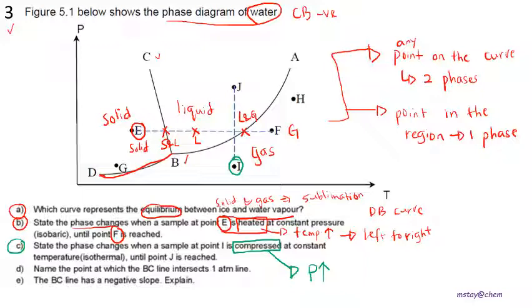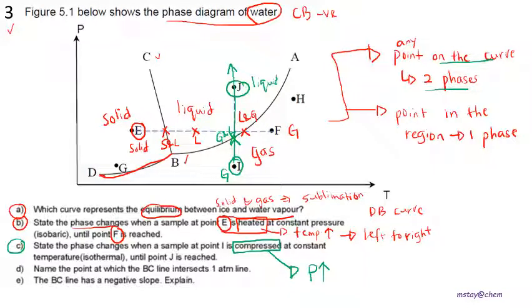So this question is very kind, they let us know it's from I to J. So like what we predicted just now, the pressure is increasing. So for this one here, at the I condition, the H2O is in the gas phase. At this point, again, like we mentioned, if on the curve, two phases are present. So in this case, both gas and liquid are present, and at the point of J, only liquid.